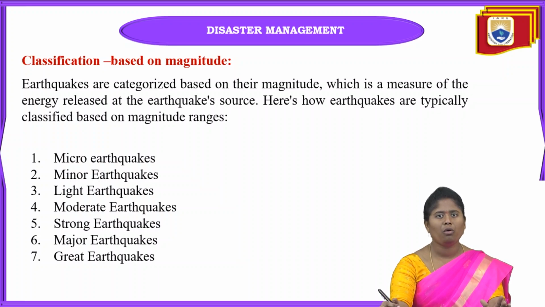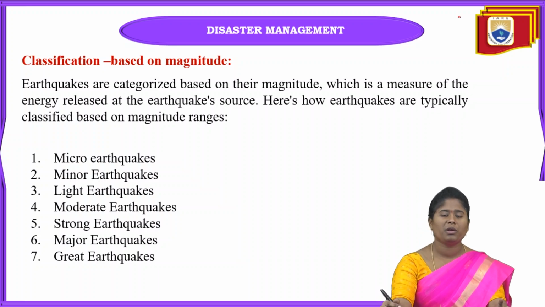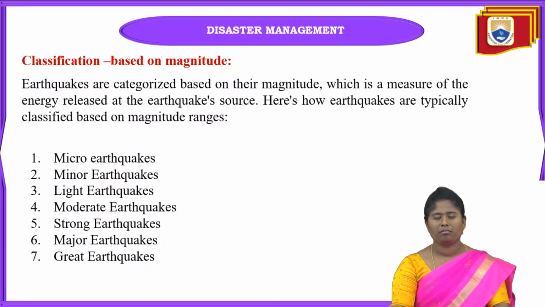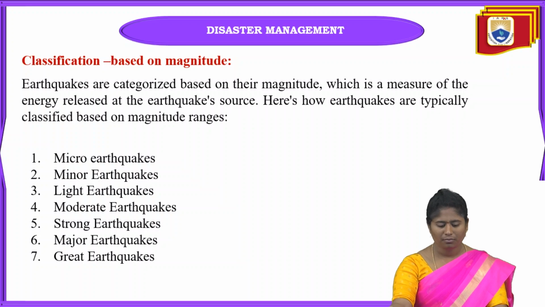To characterize this classification of earthquakes by magnitude, we have to measure the energy released, how much magnitude occurs and how much energy is released at that time. Here we have 7 classifications.